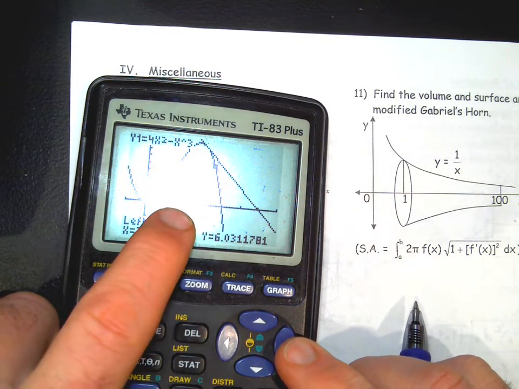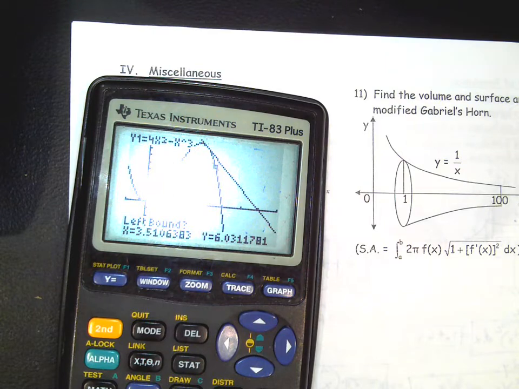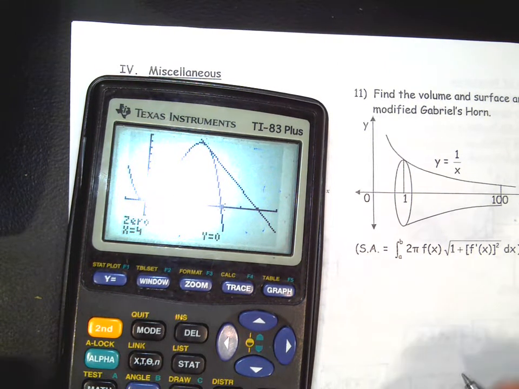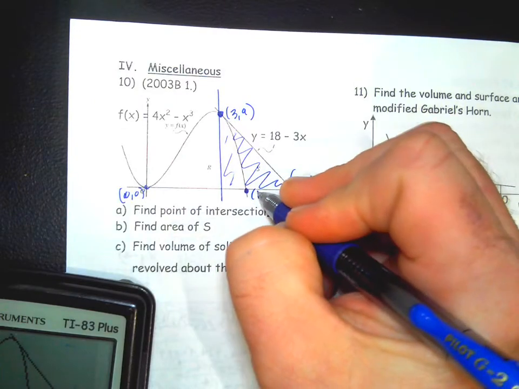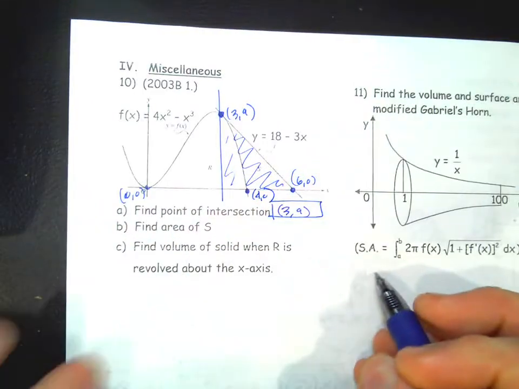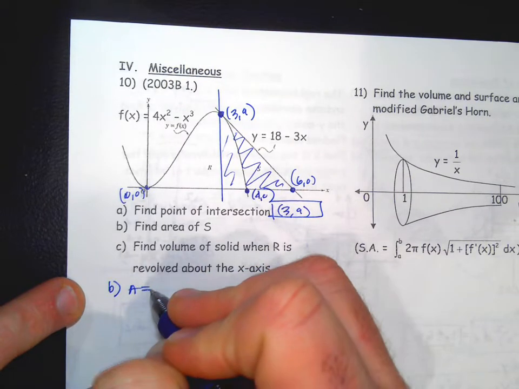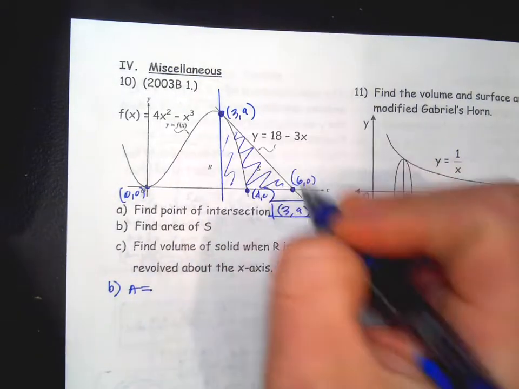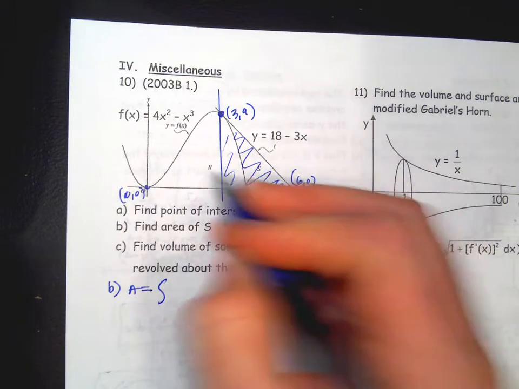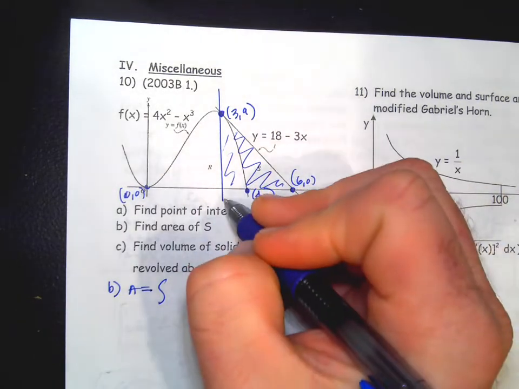It looks like it's 1, 2, 3, 4. It looks like it's around 4. So I'm going to say 3 to 5, guess 4. It's exactly 4, 0, looks like. Okay, so my strategy for B is going to be, you can find the area under this by integrating or by doing triangle, 1/2 base times height.